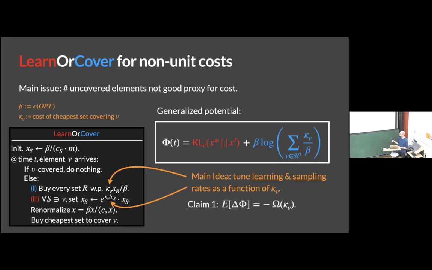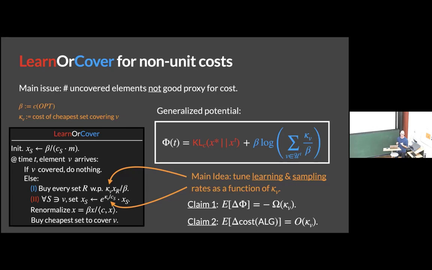This has kind of a double effect. One thing it does is that it makes the potential decrease by something on the order of kappa v. And it also makes the cost of the algorithm on the order of kappa v. The cost of the cheapest set to cover v is kappa v by definition, but also we've scaled down our sampling.